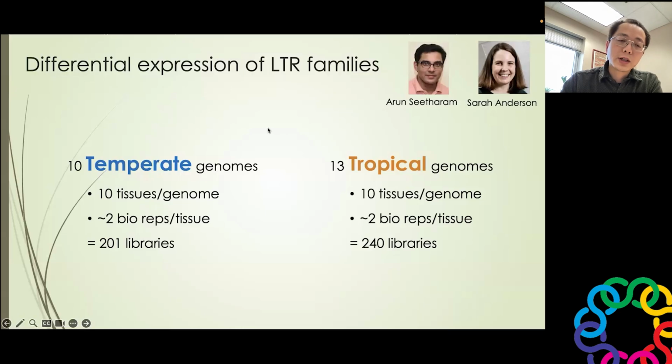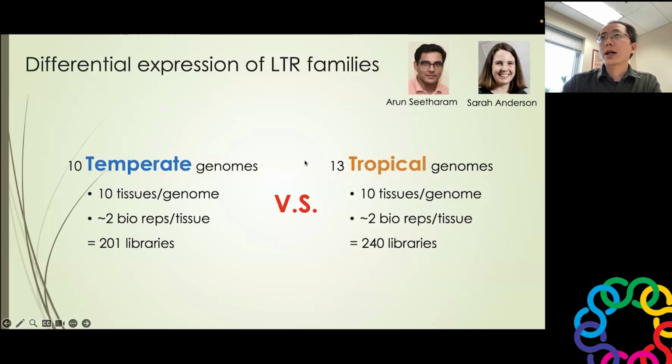So instead of focusing on the expression level of a single TE, we focus on the expression of the whole family, so that even if the alignment is not accurate on an individual, we count multiple alignments and then evaluate the expression level of the whole family altogether and see if any families are differentially expressed between temperate and tropical maize.